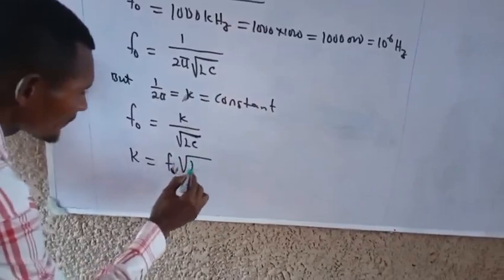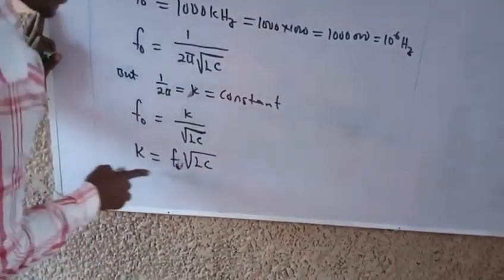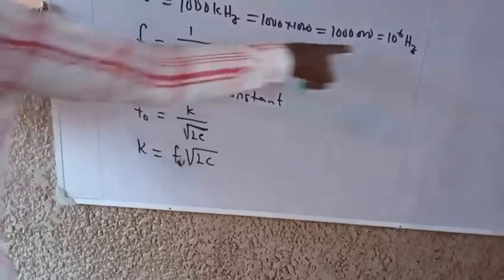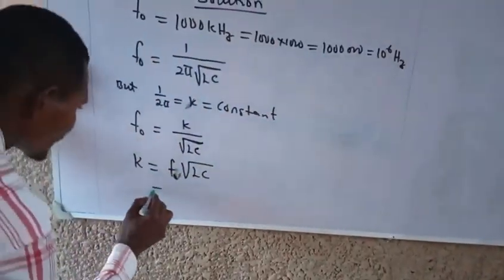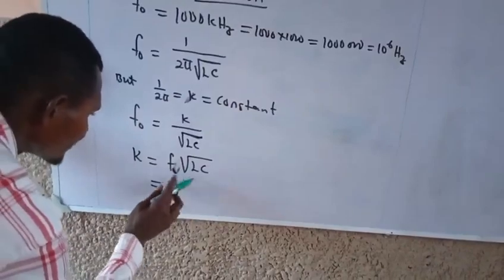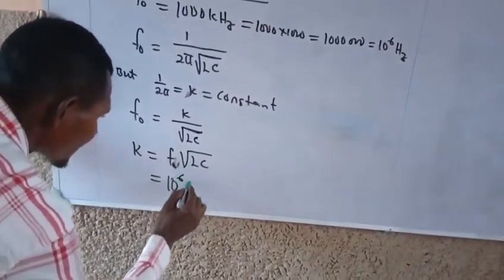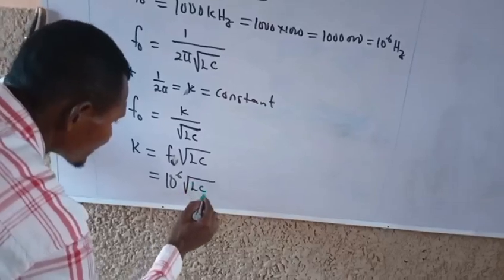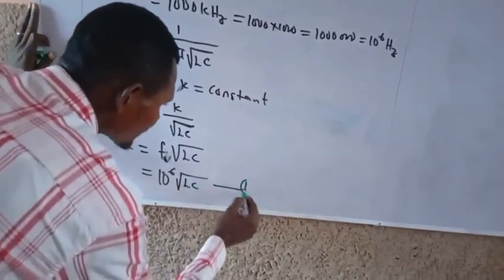The frequency here is given as this, so this will be equal to 10 raised to power 6 times the square root of LC. So let's assume this is equation 1.